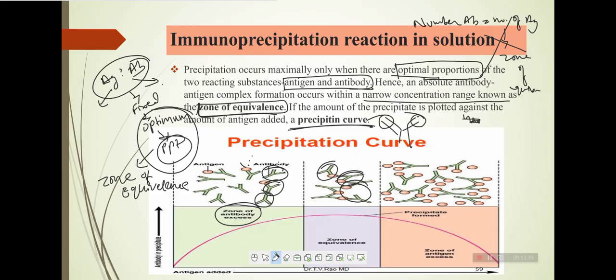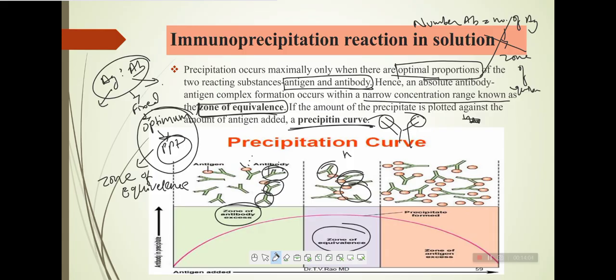That step or zone where they react in optimal proportion is known as the zone of equivalence, where neither antigen nor antibody is in excess.